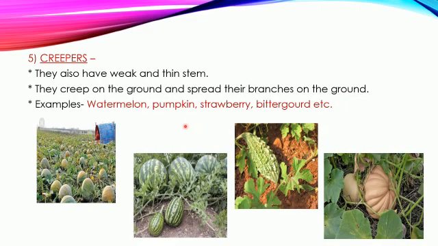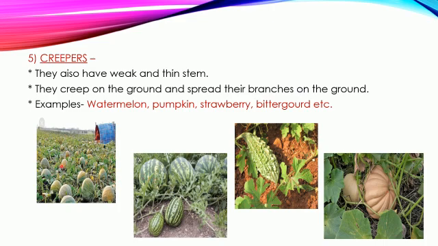Next type of plant is the creepers. They also have a weak and thin stem like the climbers. So like the climbers, they also have a weak and thin stem, and they creep on the ground and spread their branches on the ground. See here, you can see these examples. They are creeping on the ground.